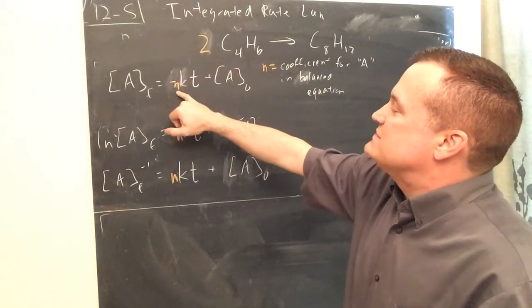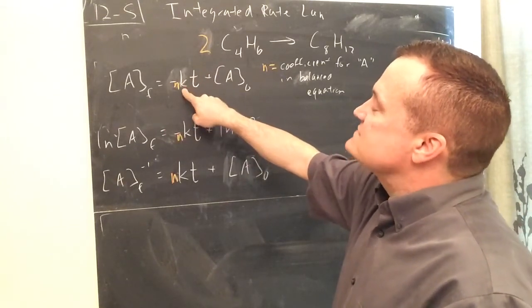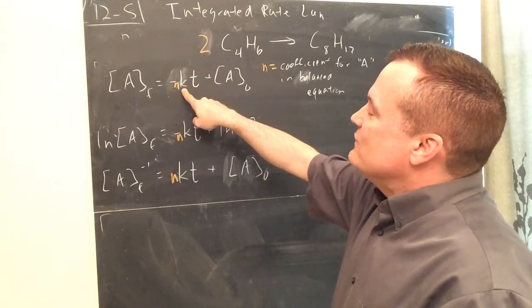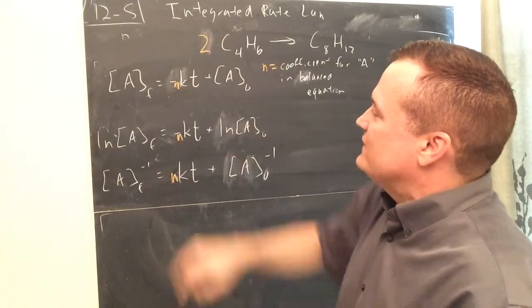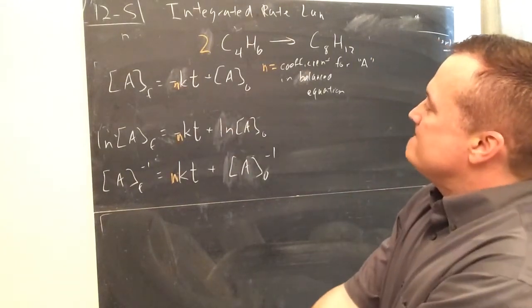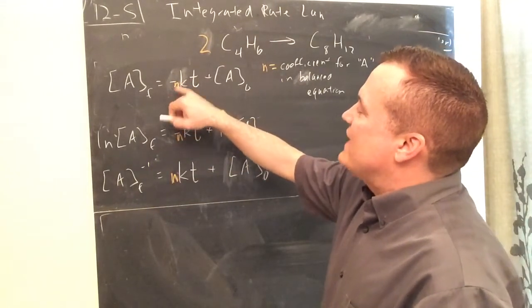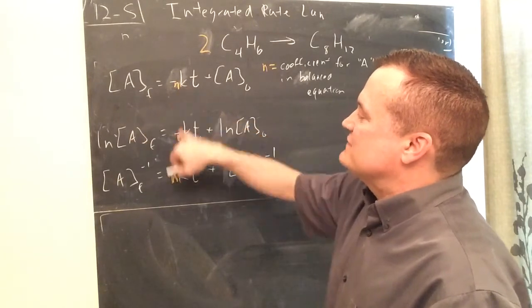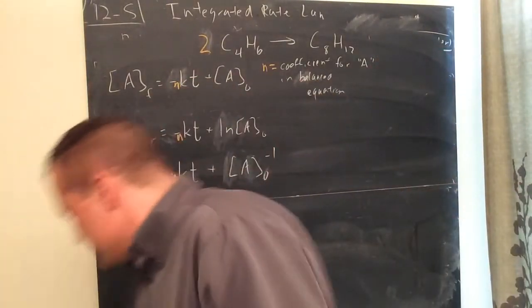That 2 needs to be there. So what that means is, when you find the slope of the line, you actually have to divide by that number. If you put a 2 right there, you'll have to divide your answer by 2 to get k. All right, that's all.